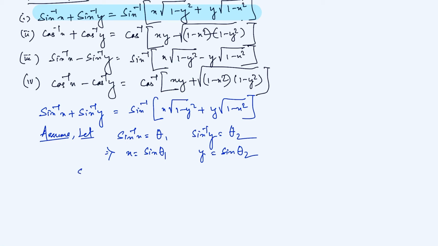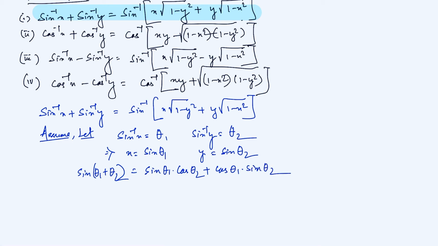Now we need to know the formula of sine of theta 1 plus theta 2. We know the sine a plus b formula. This is sine theta 1 into cos theta 2 plus cos theta 1 into sine theta 2.